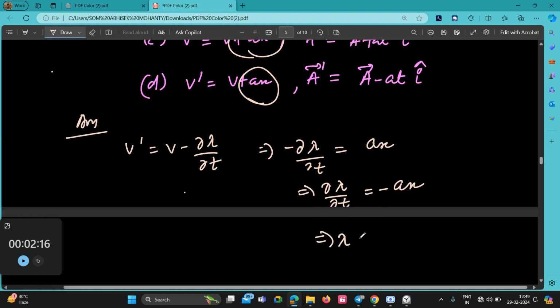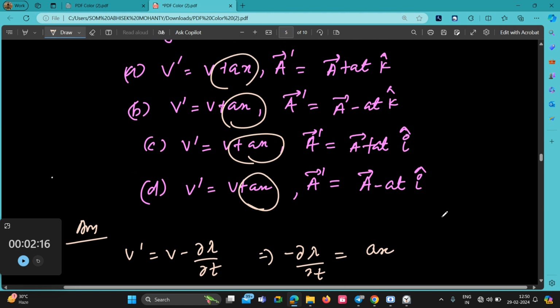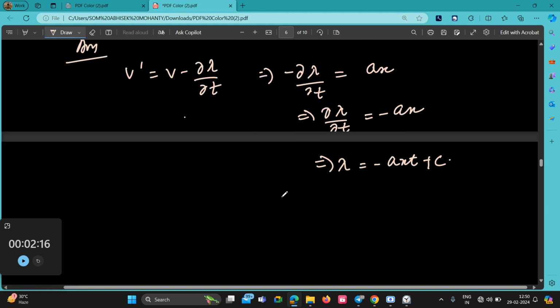So λ is minus a x t plus c. Now, what do we need? We need A. A dash is actually A plus ∇λ.